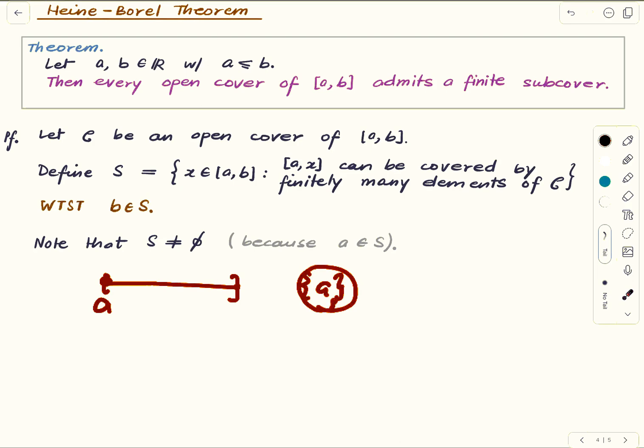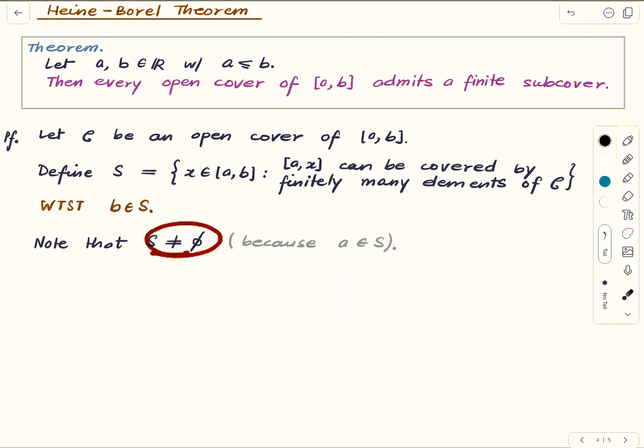So this is clear. S is non-empty, and clearly S is bounded. S is bounded simply because it is a subset of a bounded set. So a non-empty bounded set always has a least upper bound.